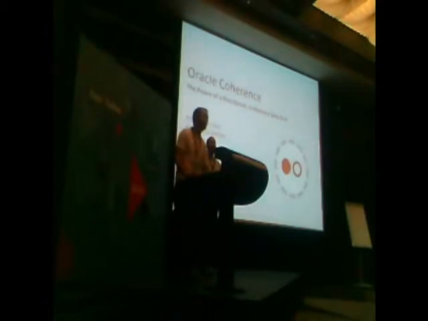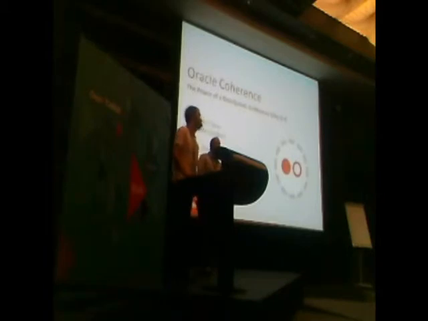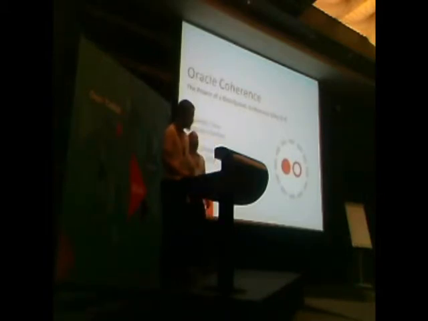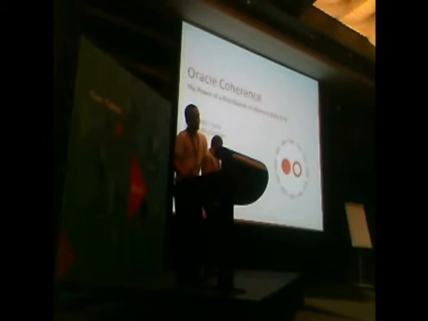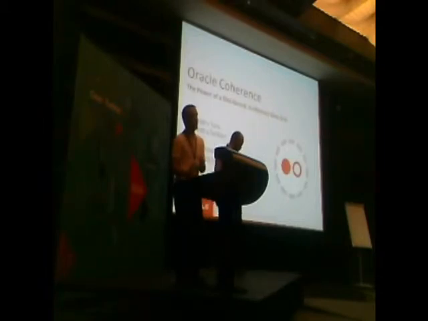We're going to talk about a product that we use that helps us a lot in building these big applications that we have. It's called Oracle Coherence, and it is a Java-based in-memory data and compute grid. Basically, it's a distributed in-memory cache.